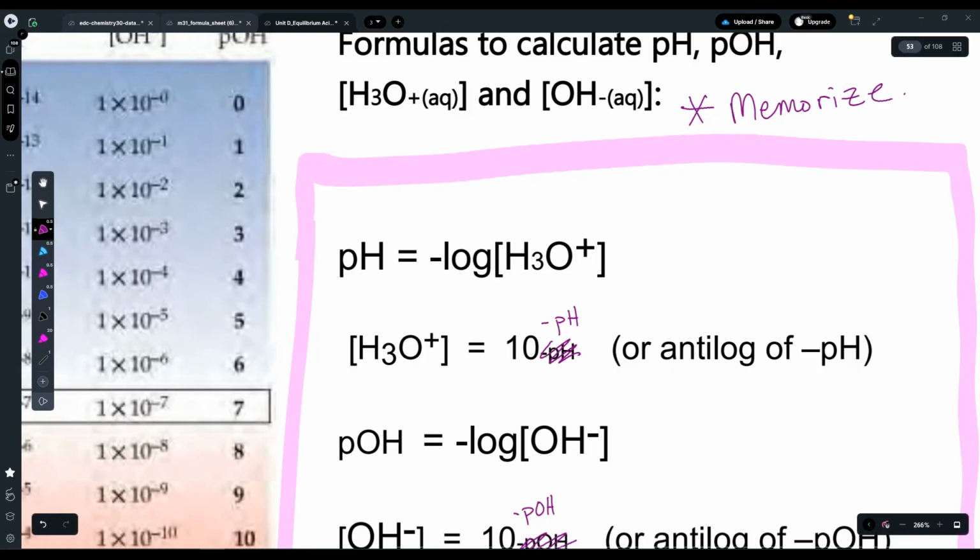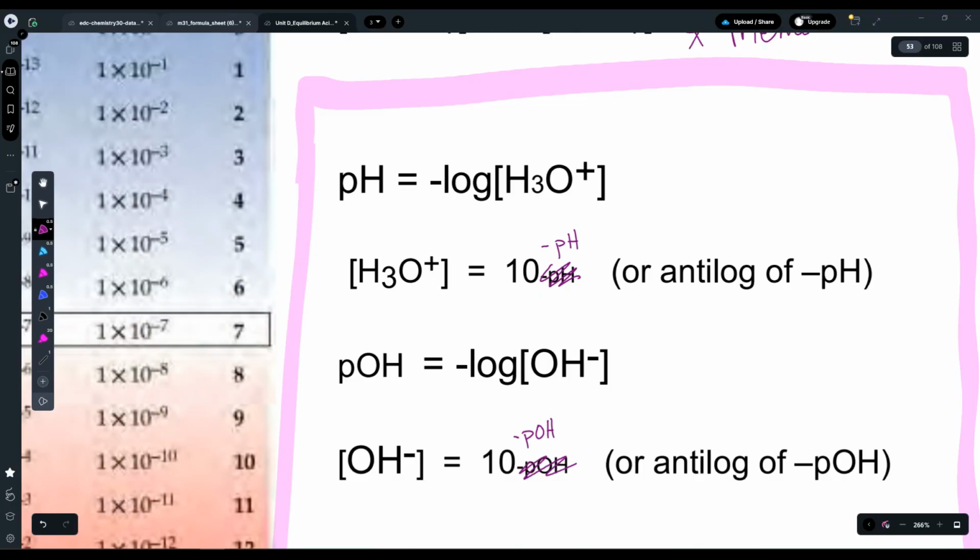Another thing that this formula tells us is that pH is correlated to the concentration of hydronium ions. So what that means is hydronium ions can help you to find pH, but they cannot help you find pOH. To find pOH, you need to use the concentration of hydroxide ions.